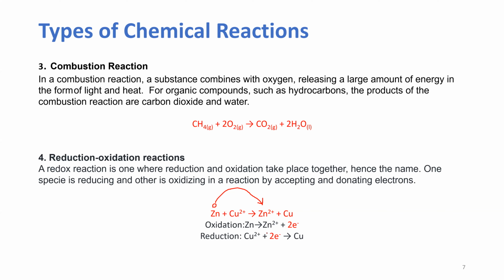Because it has fulfilled its electron deficiency. So this copper accepting the electron is the reduction reaction. Copper plus 2 has reduced to 0, a change from plus 2 to 0, whereas the zinc went from 0 to plus 2, giving off 2 electrons.